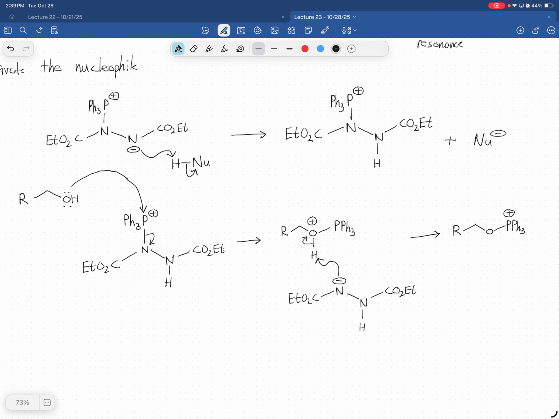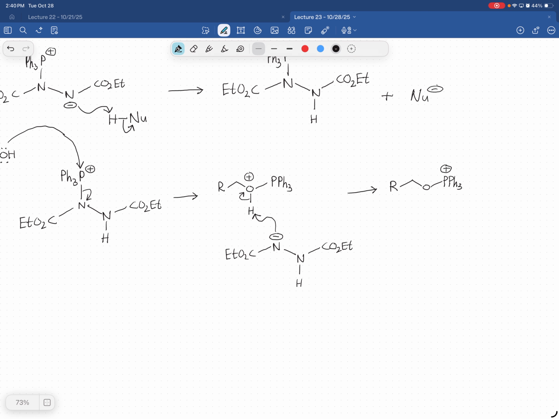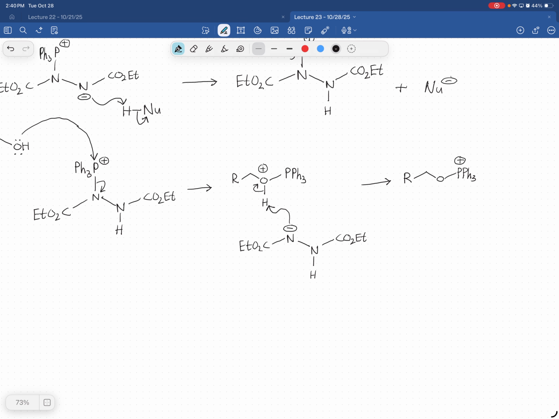All right. So when the leaving group has a charged part nearby, we can actually form an excellent leaving group now, and then the nucleophile can come in and attack. Okay. So here we get this, and the byproduct that you can isolate is this group, and I'm pretty sure it's very water soluble, so you can isolate this by just washing the mixture.